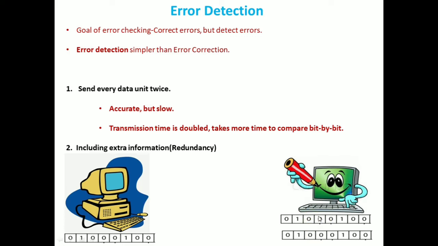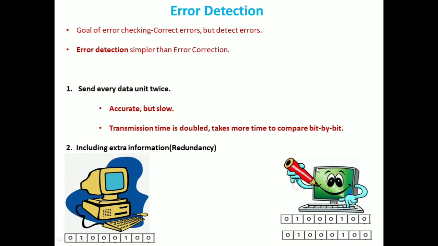Now the receiver will do a bit by bit comparison between these two units of data, that is whether this bit is equal to this bit or not, and so on up to the last bit. If the bits in the first unit are equal to the bits in the second unit, then the receiver is going to receive the data and process it.